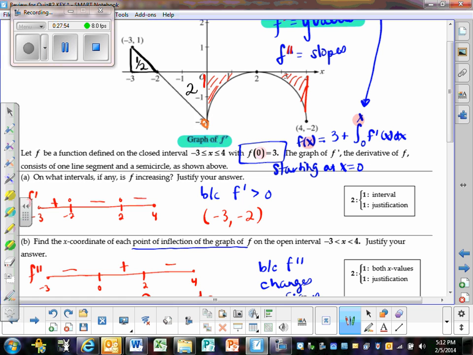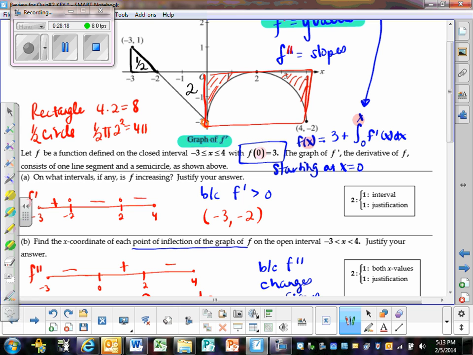I would think of this as a rectangle minus half a circle. So the rectangle has an area of length times width, which is 4 times 2, or 8. Half of the circle has an area of 1/2 pi r squared, and the radius is 2, so that's 2 pi.